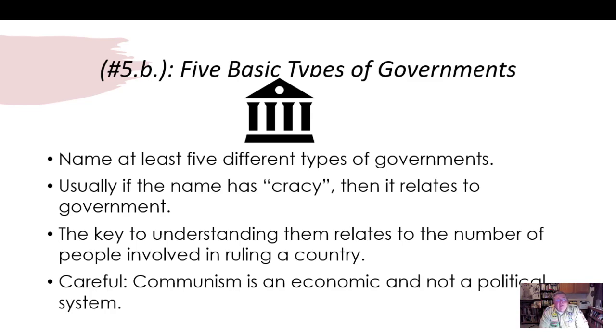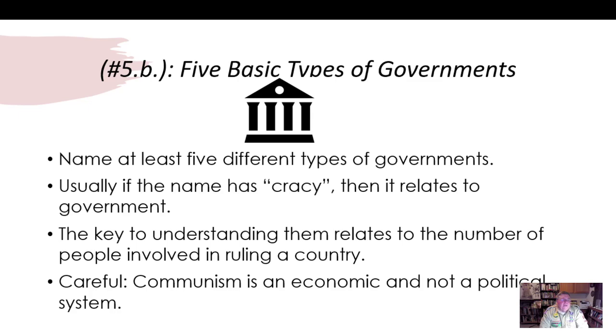In 5B, we have 5 basic or major types of governments. Your job is to name at least 5. And what you're looking for is a term that ends in -cracy. Anytime you see a -cracy, it usually relates to government. Oligarchies tend to relate to economics.